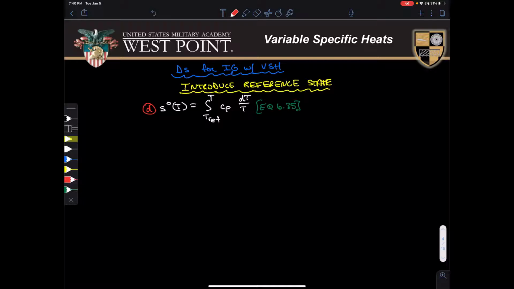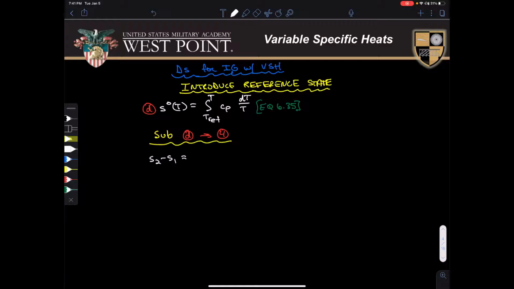And if I substitute D into equation 4, we'll get equation 6.37. So putting equation D into equation 4, which we developed in video 1 and I introduced at the beginning of this video, that will give us this form of the change in entropy equation for variable specific heats.